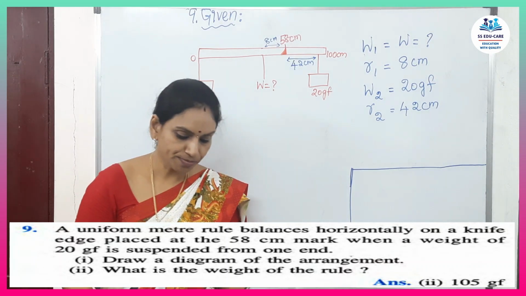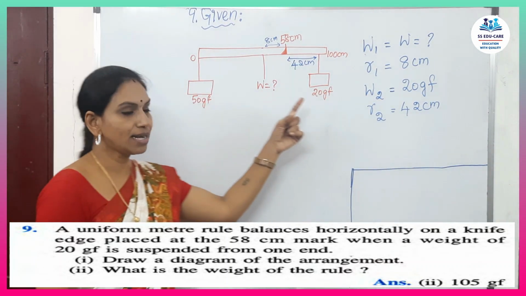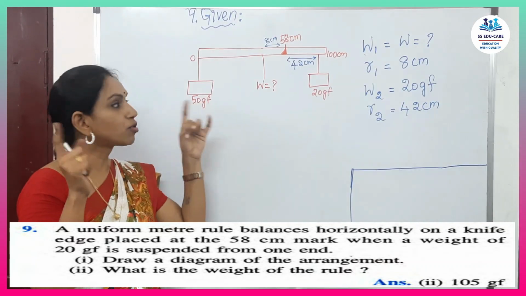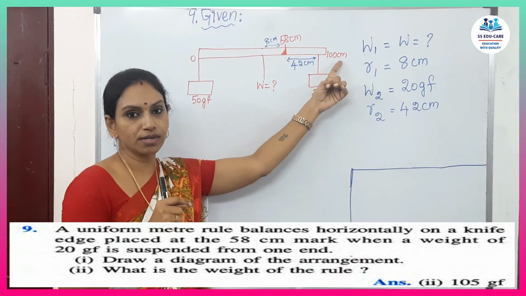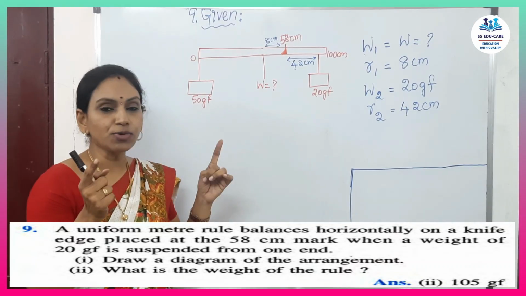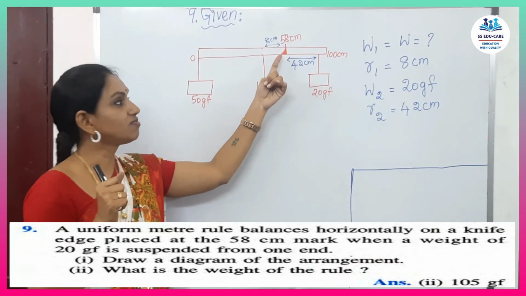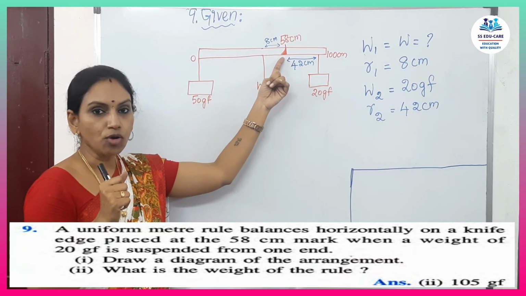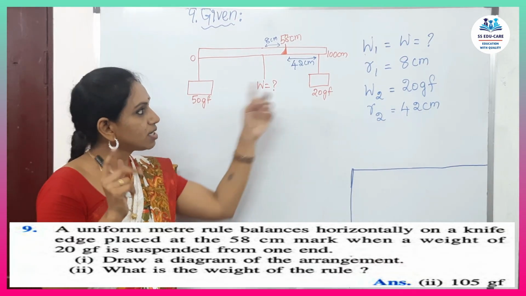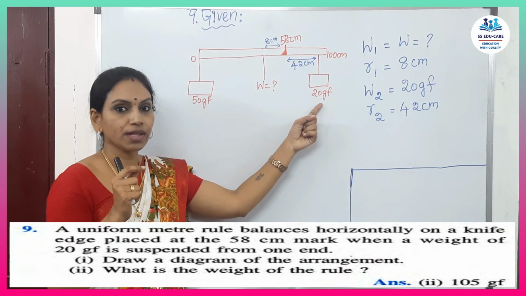Let's do this for you. So this is the diagram. They told 1 meter rule, so it is 100 centimeter. And it is pivoted at 58 centimeter. So I have drawn this. This is 58 centimeter, and a 20 gram force is suspended here.